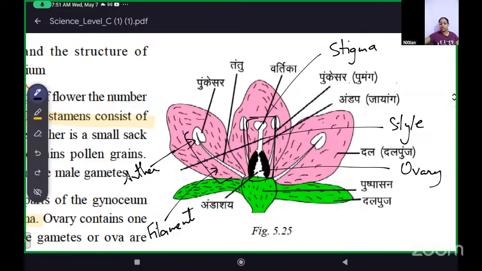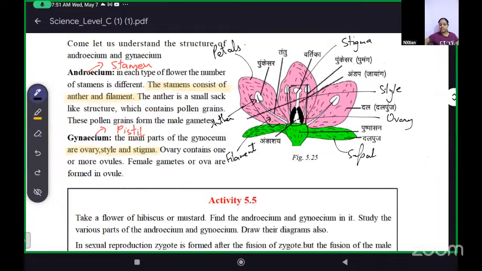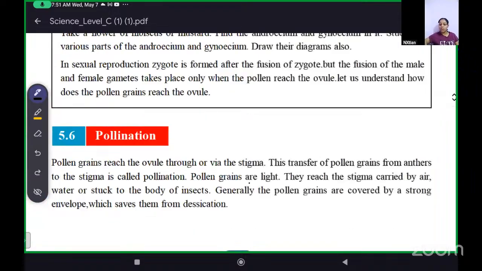These are the main parts of the plant. These are known as sepals, and these are known as petals. This is a very important diagram, one of the important diagrams from the chapter. So I will be sharing the diagrams in English on the group.